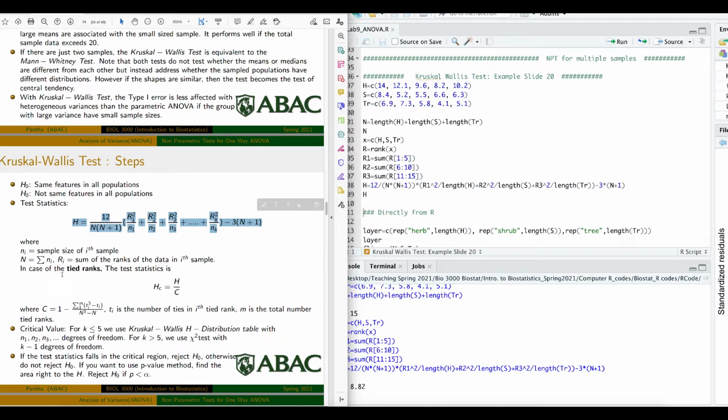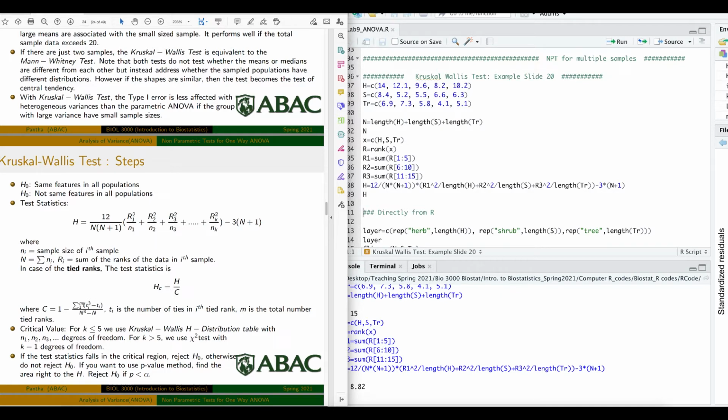But if the data are repeated, in the case of tied ranks, the test statistic will be H sub C, that is, H sub C equals H over C, where C is 1 minus the summation of Ti cubed minus Ti over N cubed minus N. What is Ti? Ti is the number of ties in the ith tied rank. For example, if one number is repeated 2 times, then it will be 2 cubed minus 2 over N cubed minus N. If another rank is repeated 3 times, then it will be 3 cubed minus 3.